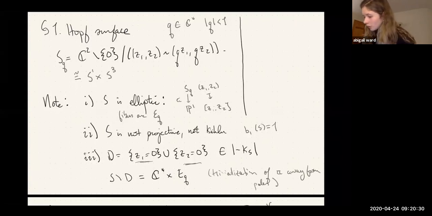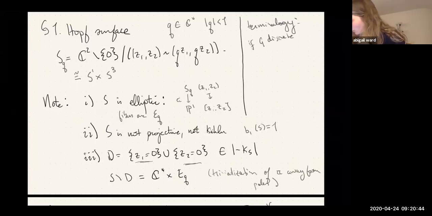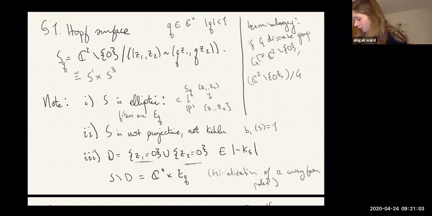Okay, and then just a little sidebar on terminology. If G is a discrete group acting freely on C squared minus 0, then the quotient, C squared minus 0 mod G, is a Hopf surface.